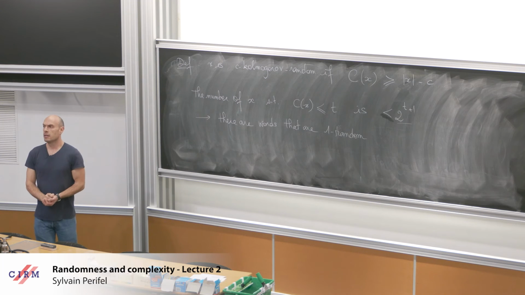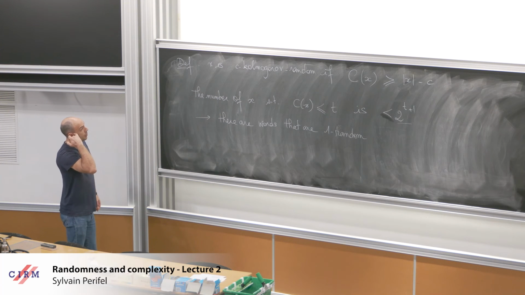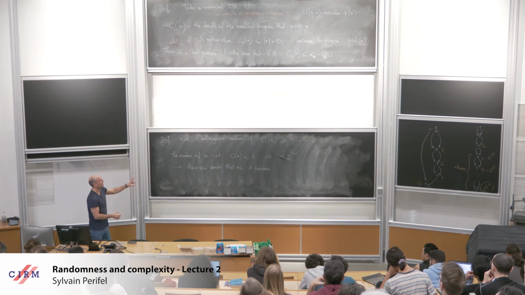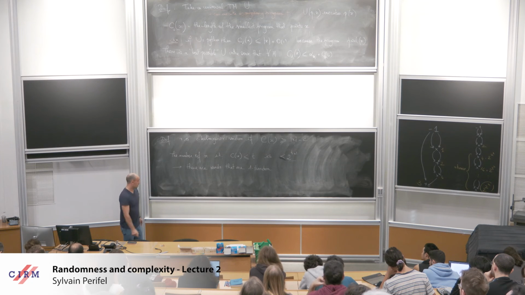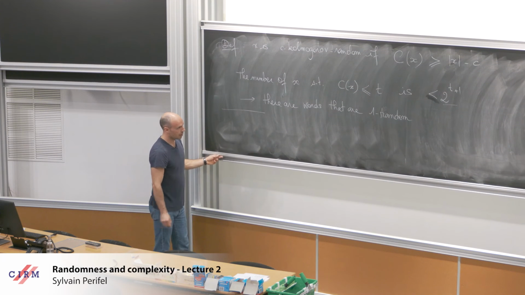Okay. Is that clear? So there are words that are random. And now in the remaining minute, let me try to explain how it relates to derandomization by using these random words.